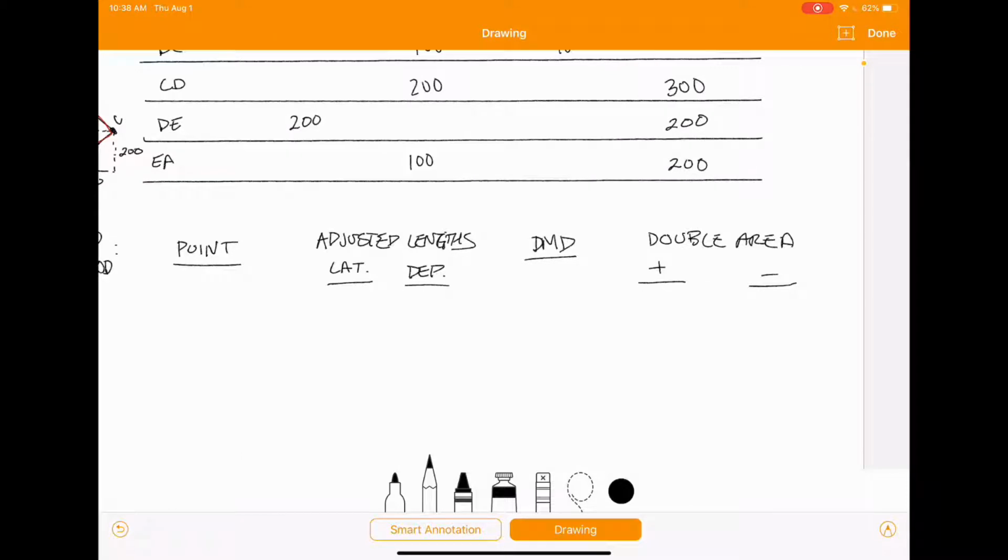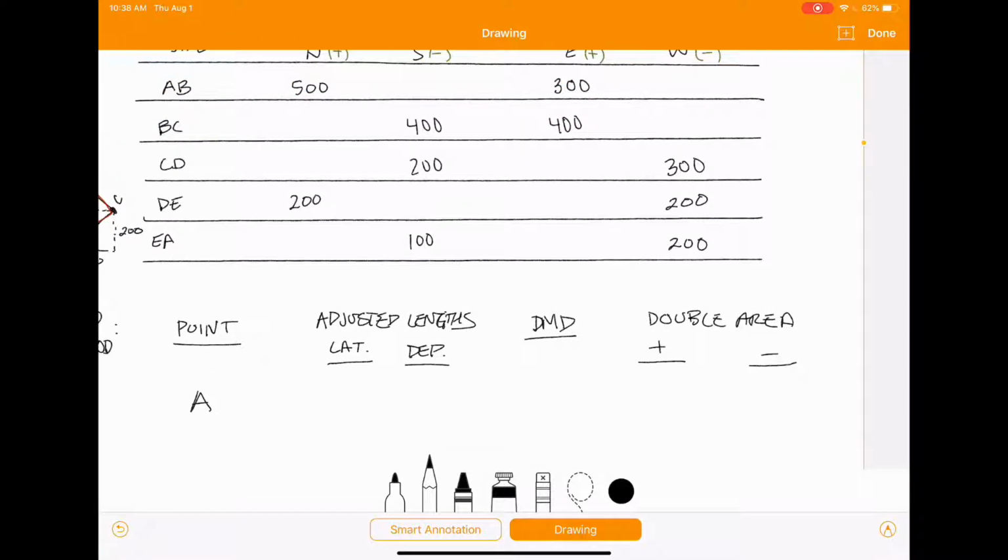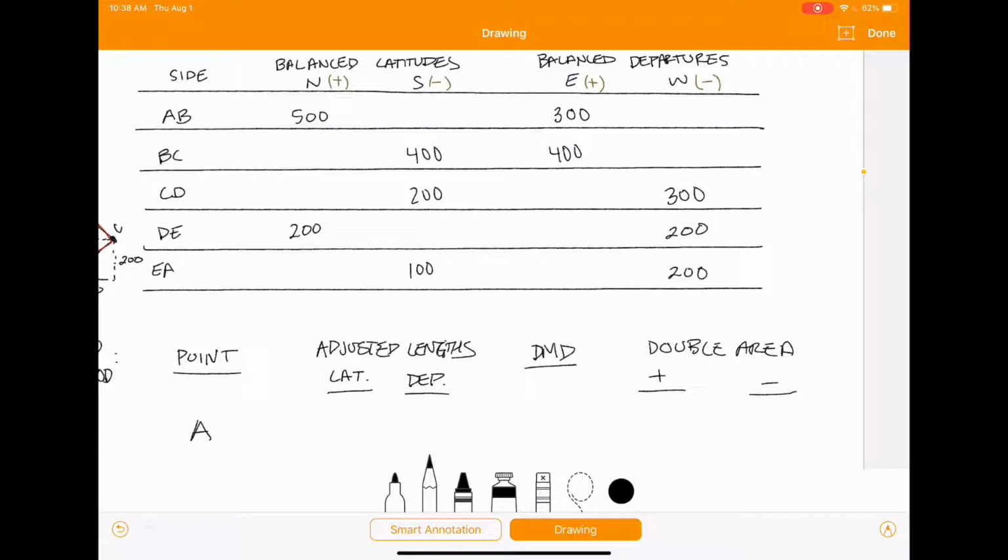So we're going to start with our point A. If we start at A, to get from A to B, we're going to go north 500 and east 300. So our latitude is going to be a positive 500 and our departure a positive 300.